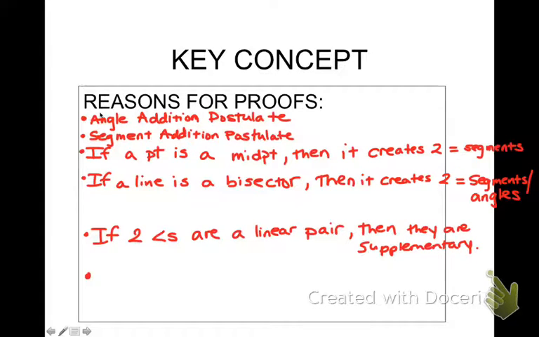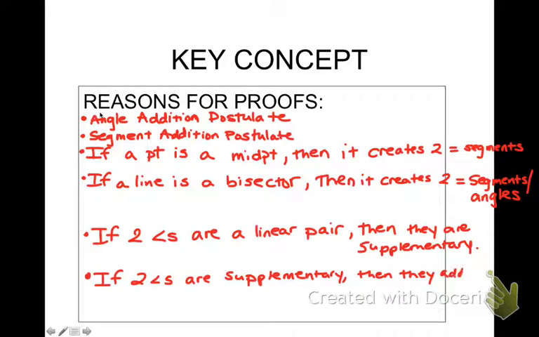Two more bullets. If two angles are supplementary, then what? Then they add up to 180 degrees. What do you think our last one's going to be? If they add 280 degrees, then it is a straight line.